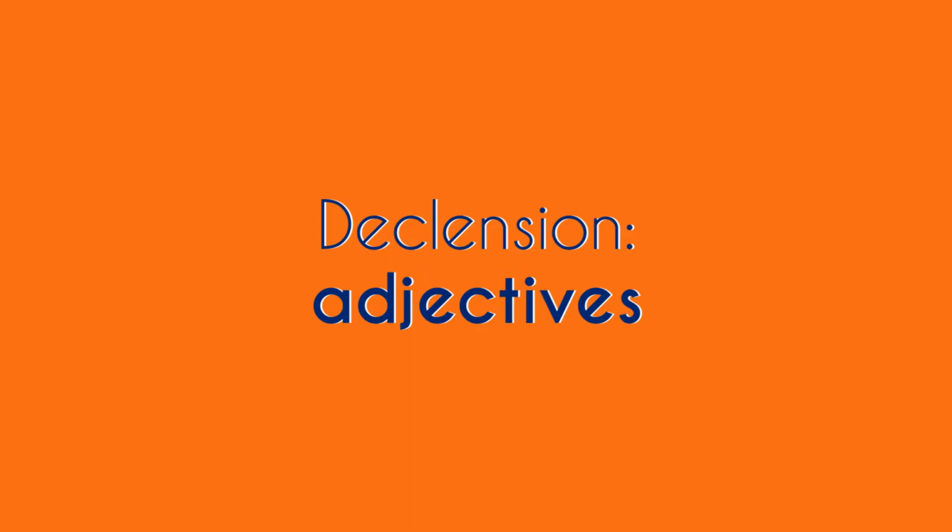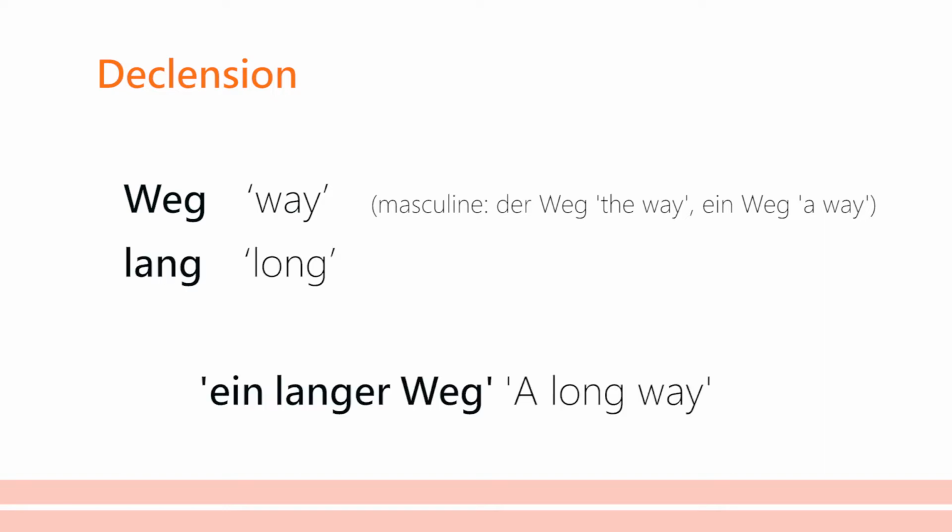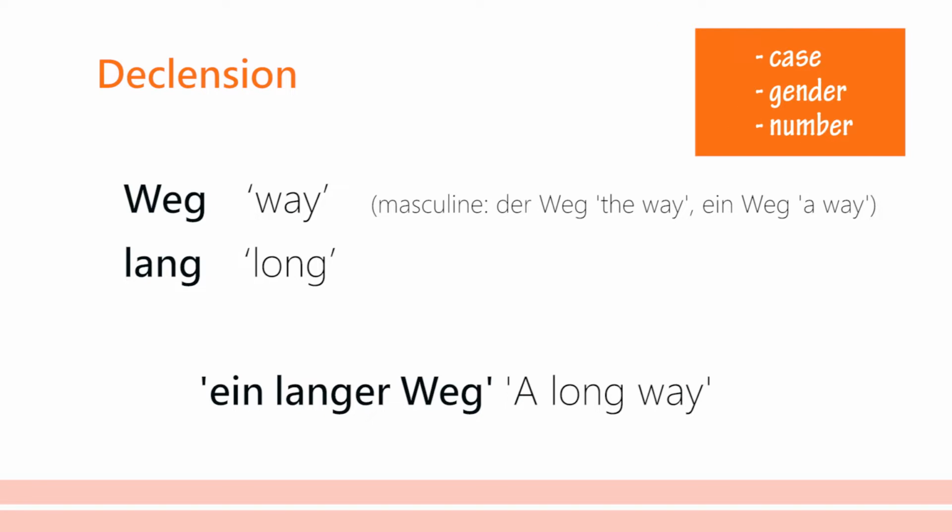You can decline adjectives too. For example, the word Weg in German means way, and it is masculine. Therefore, it is der Weg or ein Weg, which means a way. Now, you can decline the noun Weg and its corresponding adjective, depending on case, gender, number.